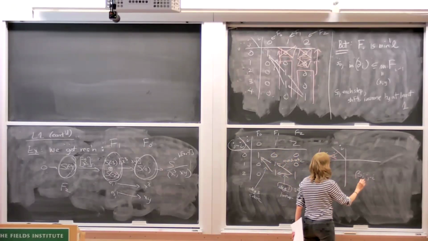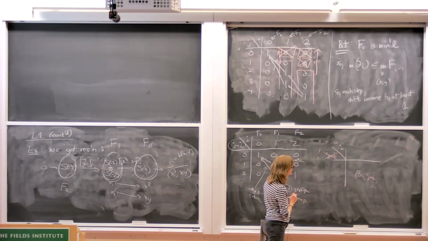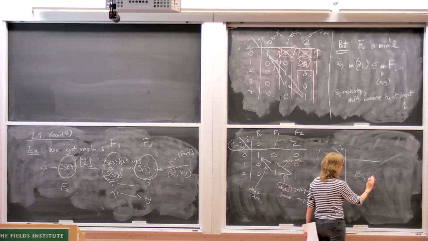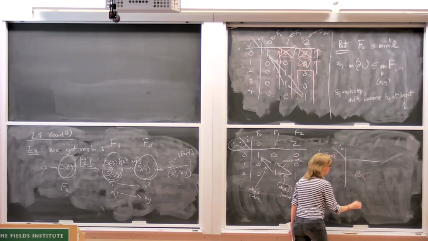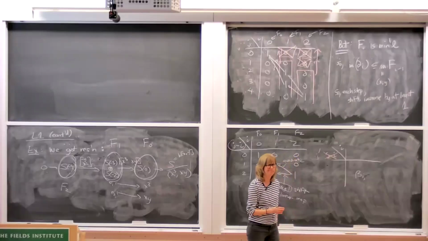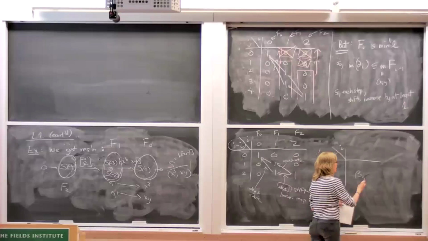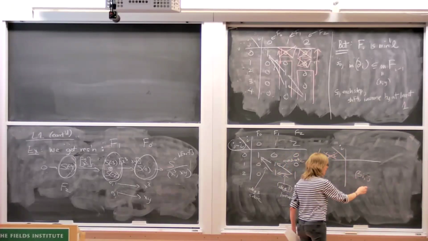No, wait, that's not good. Plus I. Yeah, so maybe I should have just put beta ij here. So this would be beta ij is kind of what you write, but you write that in the j minus I column. So let's still call it beta ij.